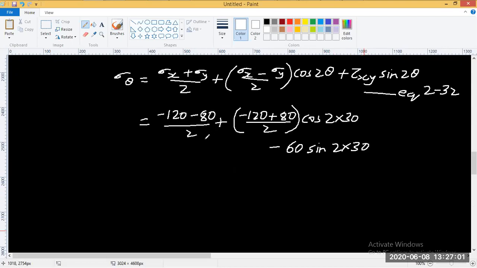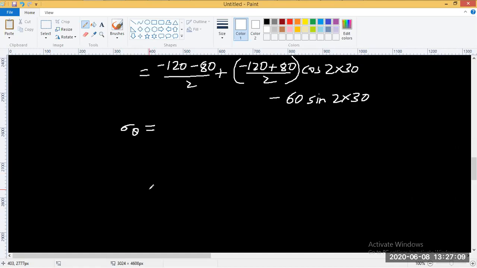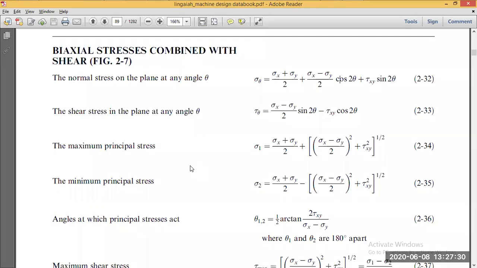So solving this, I think you'll directly get the value of sigma theta. Similarly, we'll also put the equation for tau theta, that is the shear stress. The shear stress is also directly given below the above equation, that is 2.33. So tau theta. Just refer to it for a second.